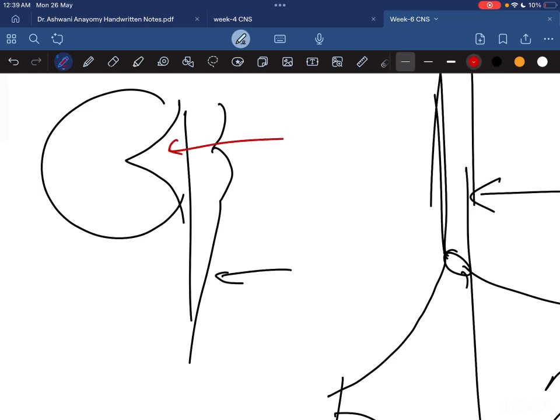So this is the fourth ventricle. This portion is the roof, and this portion is the floor.